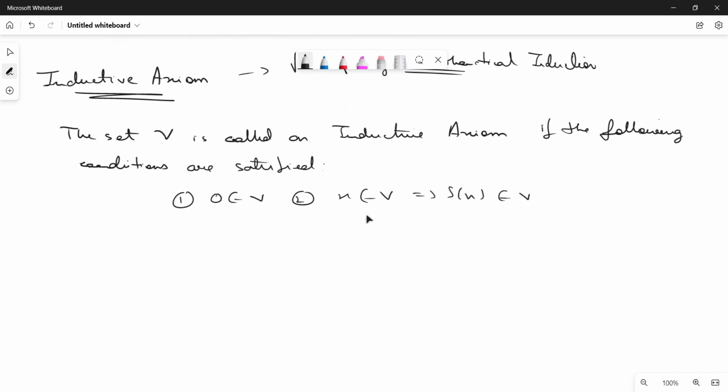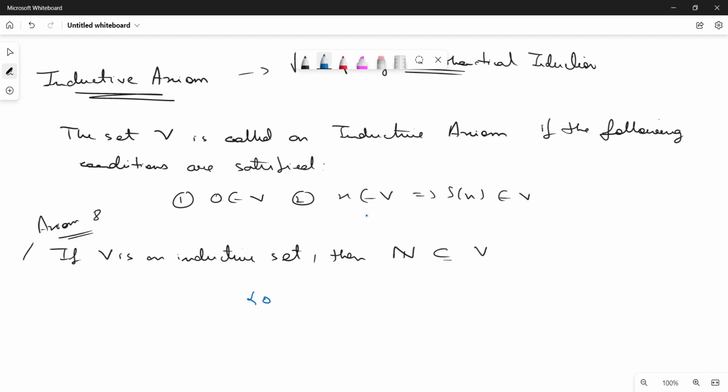Now this inductive axiom leads us to the final construction of the natural numbers. That is, if V is an inductive set, then the set of all natural numbers must be contained in V. You can call it axiom 8. Now, the axioms we have studied till now ensure that the set 0, 1, 2 and so on is contained in the natural numbers.